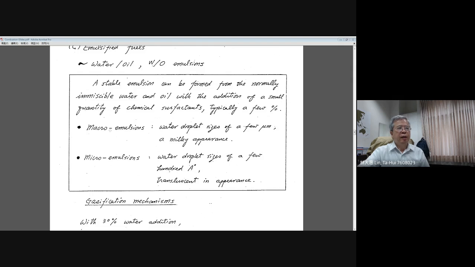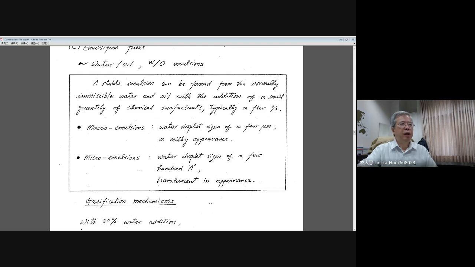The difference between macro and micro emulsions depends on the degree of mixing. In micro emulsions, the mixing goes to the small scale, a few hundred Angstroms. But for macro emulsions, they just mix at a few micron scale level.